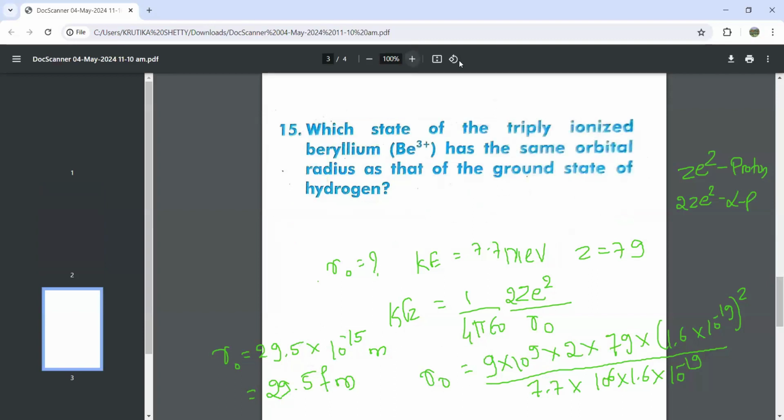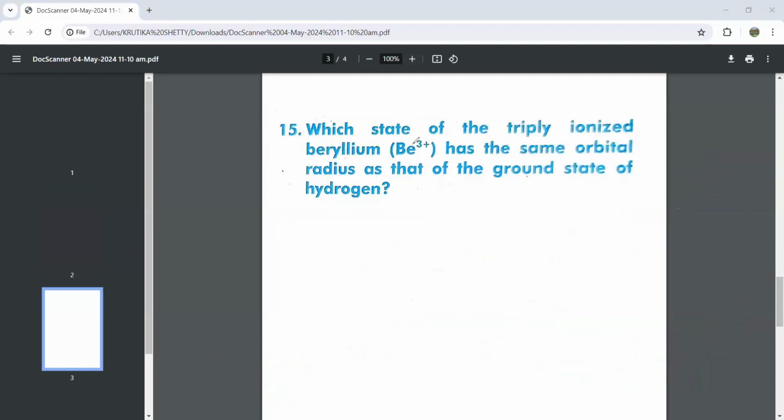Yes, here you can see the next question. Which state of the triply ionized beryllium has the same orbital radius as that of the ground state of hydrogen? So they have given beryllium 3 plus, which is in the excited state.